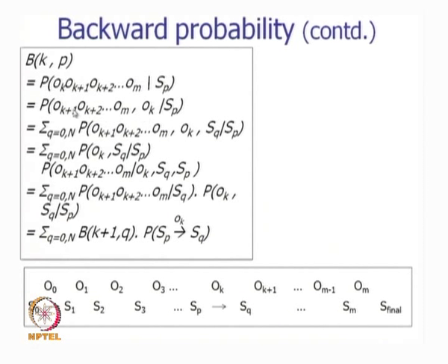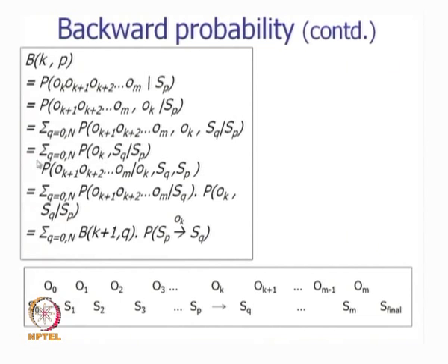This is isolated now, we take up O k separately, and O k plus 1 to O m is the shorter sequence. We introduce the variable state S q as is seen in the picture here. S p was the starting state before O k to O m was observed. S q is the starting state before O k plus 1 to O m was observed.